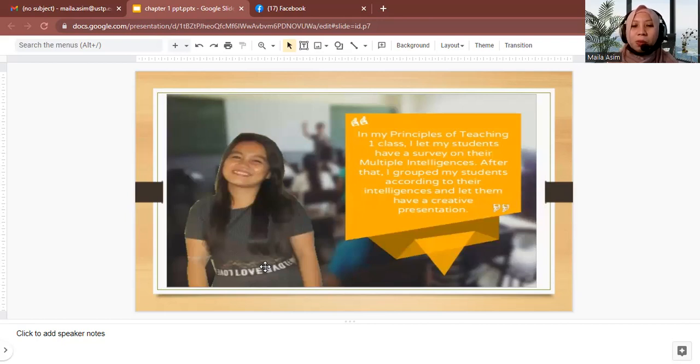In her Principles of Teaching class daw, ipa-identify niya sa mga students asa sila best or tanaw nila asa sila nabilong ang multiple intelligences. After that, kung same sila multiple intelligence, yato silang i-group and then kato sila nga mga groups ang gilet nga magkaroon or mag-arrive into creative presentation. And that creative presentation depends on the intelligence these students have.